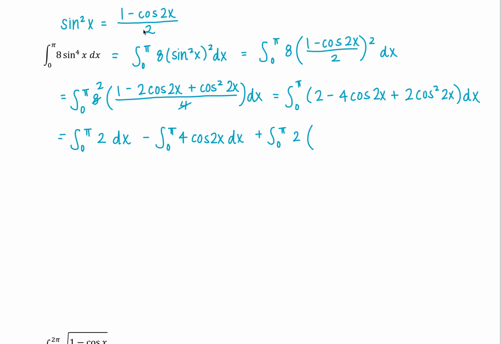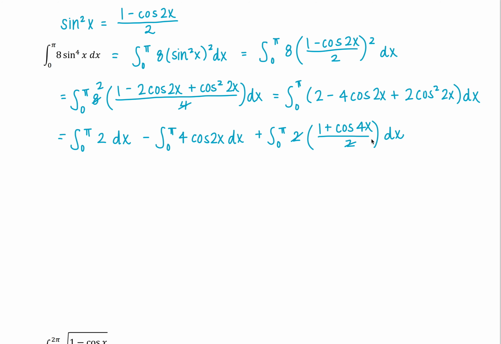The only difference is that there's going to be a plus instead of the minus. So it's going to be 1 plus cosine. Now I need to double my angle. So instead of a 2x, we're going to have a 4x over 2. And that allows those 2's to cancel out.